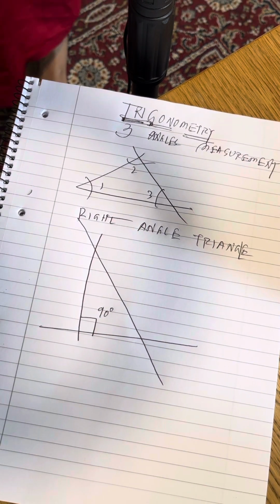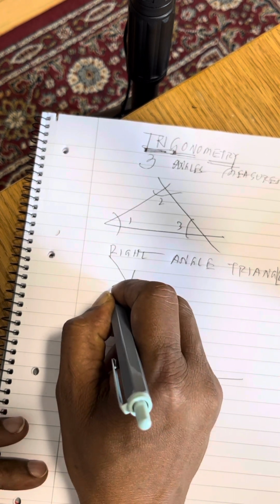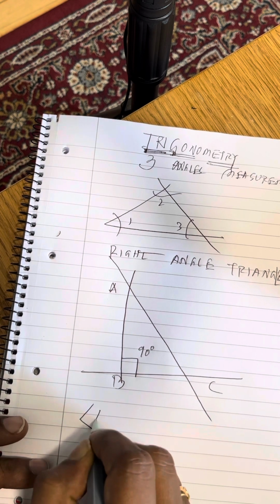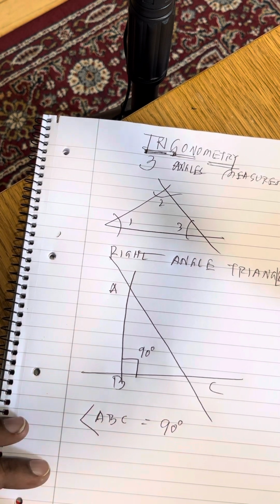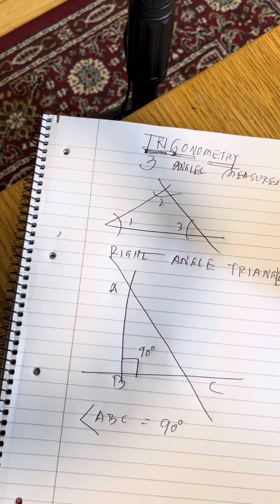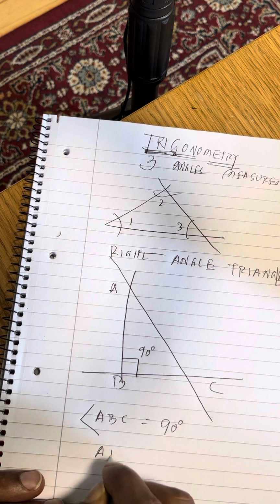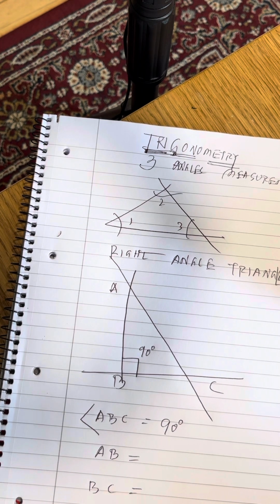Right now, I can see this is the right angle triangle. If I define it A, B, C, in terms of angle, ABC is right angled. That is 90 degrees. And since it is a triangle, it has 3 arms, right? And the arms are AB, BC, CA.